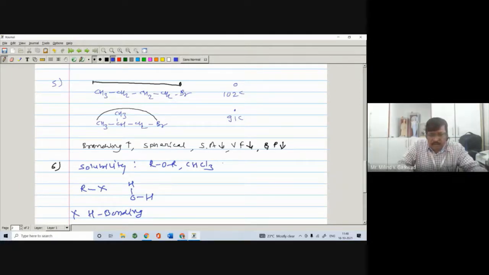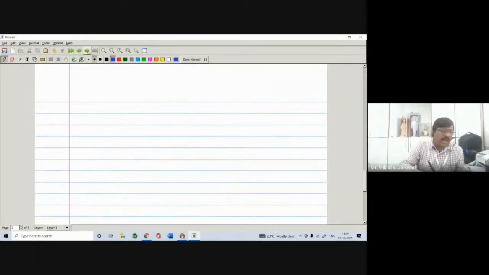Alkenes also have the same solubility. So like dissolves like: polar compound dissolves in polar solvent, but as alkyl halides don't form hydrogen bonding with water, they are insoluble in water. So this is about the physical properties of alkyl halides.